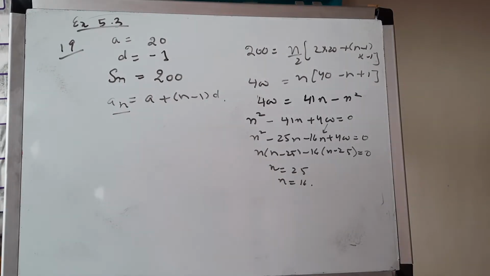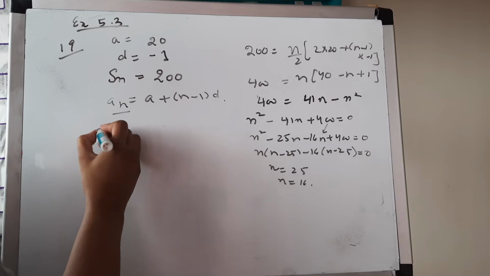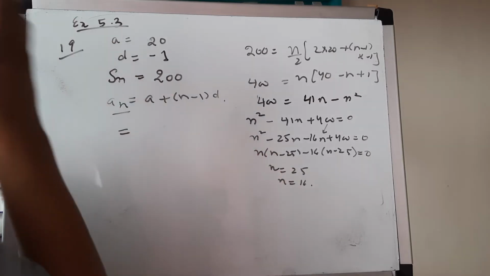So you can see that there are two values of n. So let's find out a plus this number, right? So let's find this out, putting both.